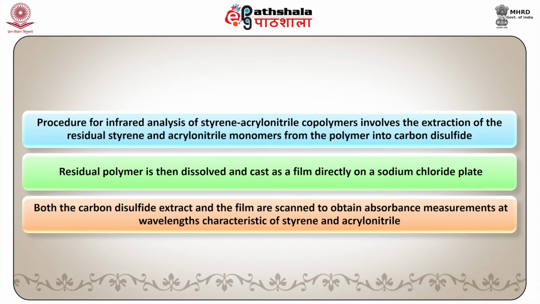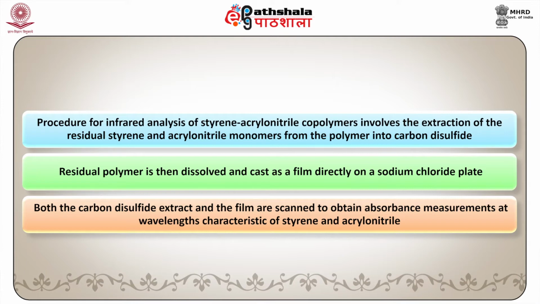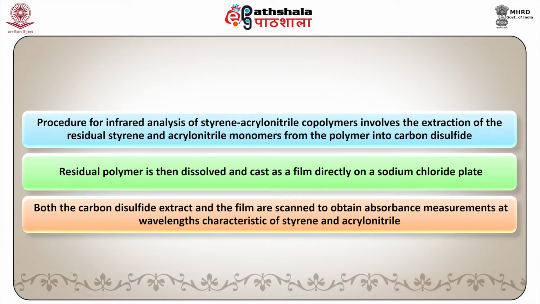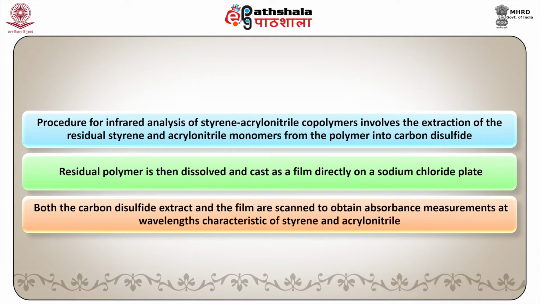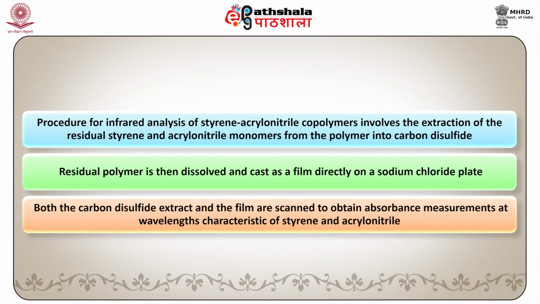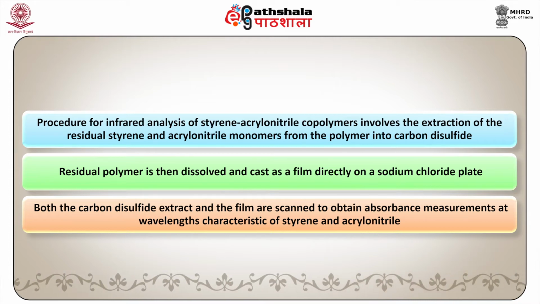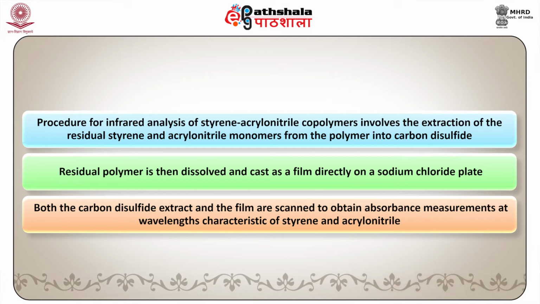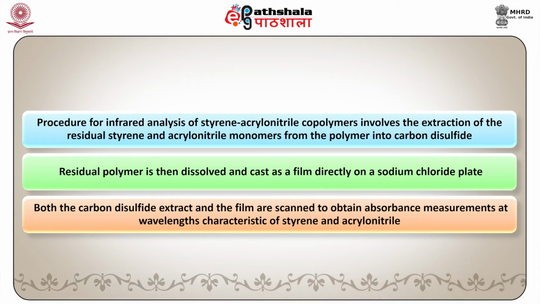The procedure for infrared analysis of styrene acrylonitrile copolymers involves the extraction of the residual styrene and acrylonitrile monomers from the polymer into carbon disulfide. The residual copolymer is then dissolved and cast as a film directly on a sodium chloride plate.